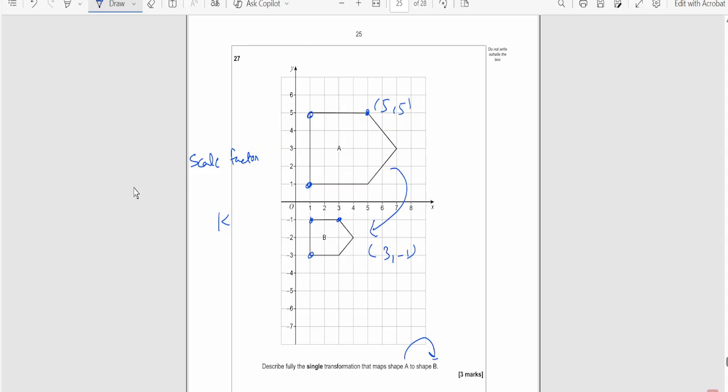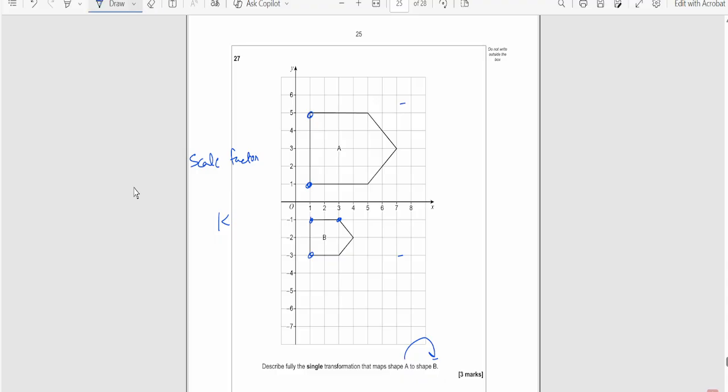So the ratio of the coordinates, we are going to divide this 5 with this 3. Okay, so the new length, actually what we need to do is to find the size.